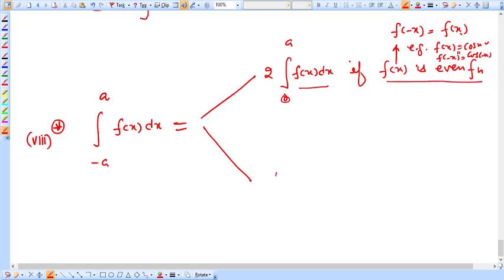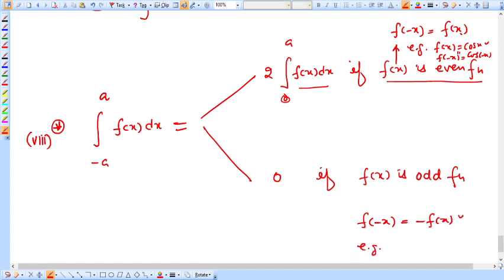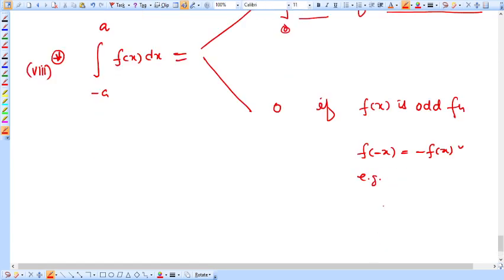And it is equal to 0 if f of x is an odd function, okay. An odd function is a function for which f of minus x is equal to minus f of x. For example, sin x, okay. For example, f of x is equal to sin x.